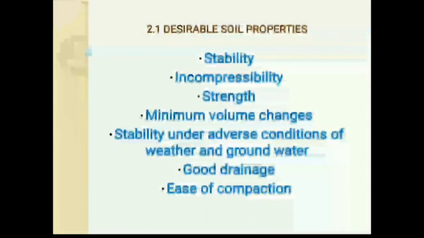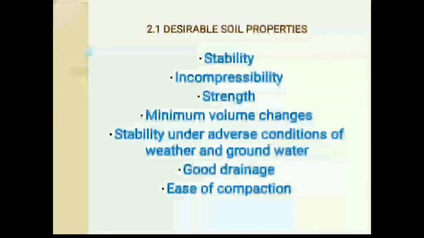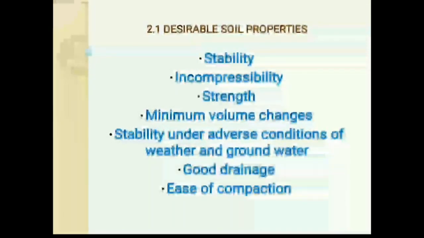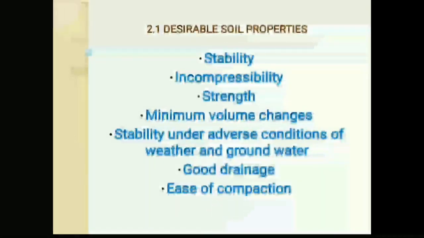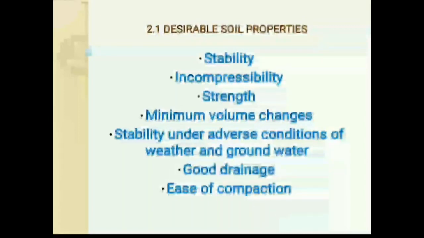Such soils should be removed by excavation and subgrade shall be prepared by granular soil. Fifth is stability under adverse conditions of weather and groundwater. The subgrade soil should possess resistance to weathering, thus retaining the desired subgrade support.